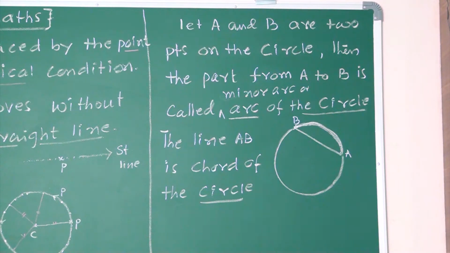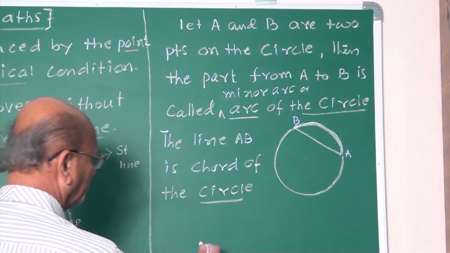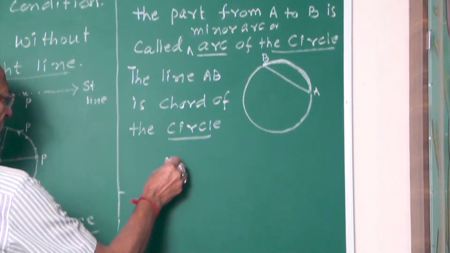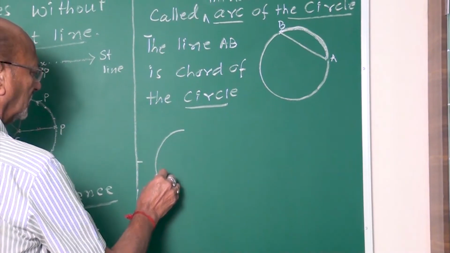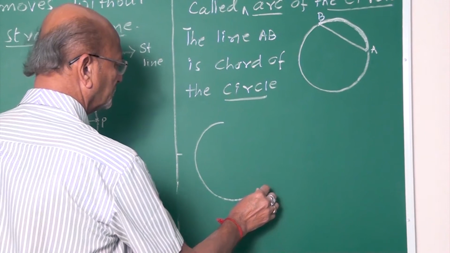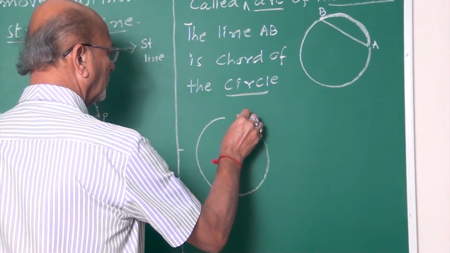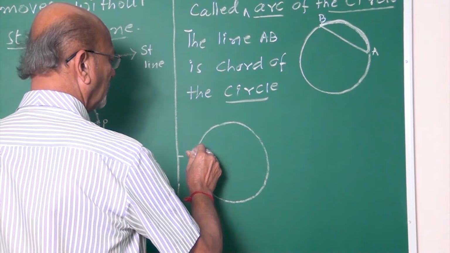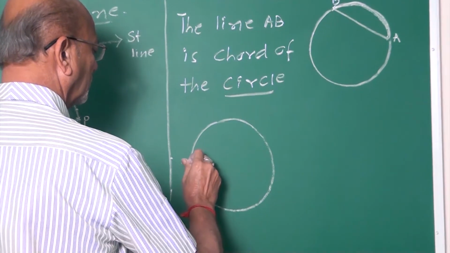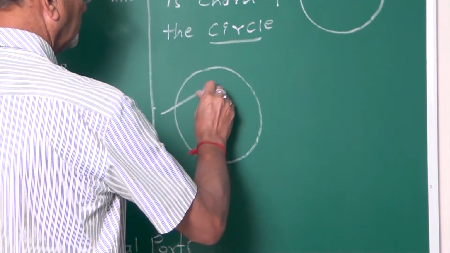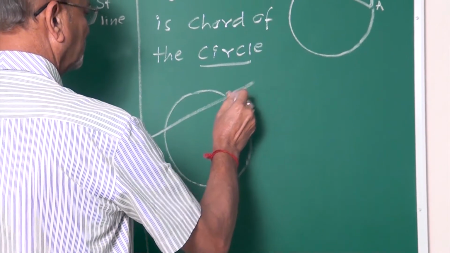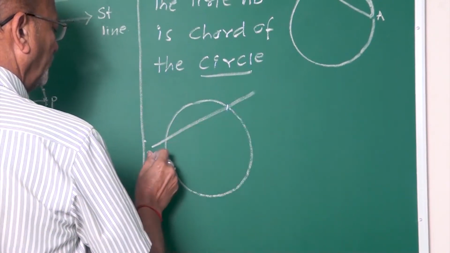Before that, secant of a circle. Yes, my friends. This is the circle. It is the line that cuts the circle, PQ.